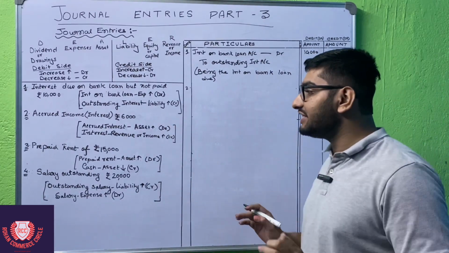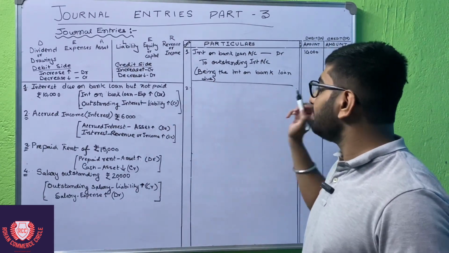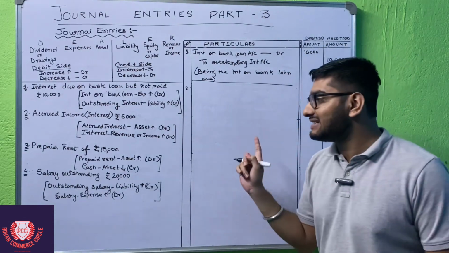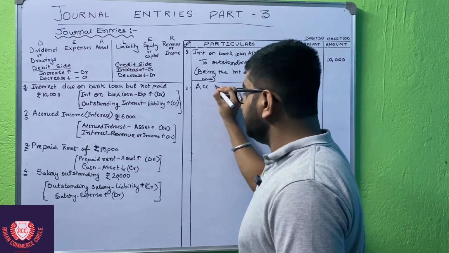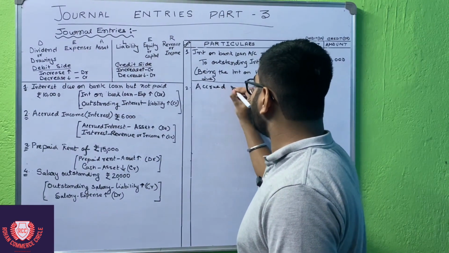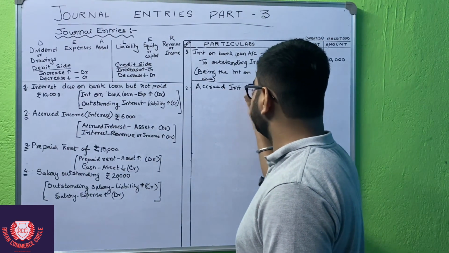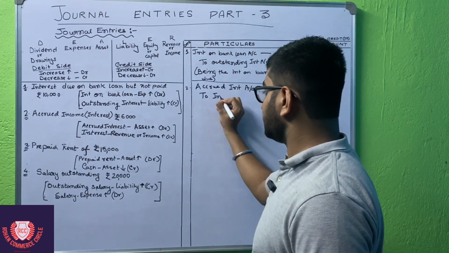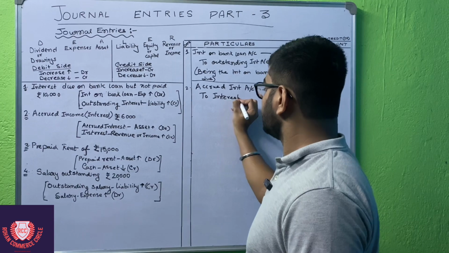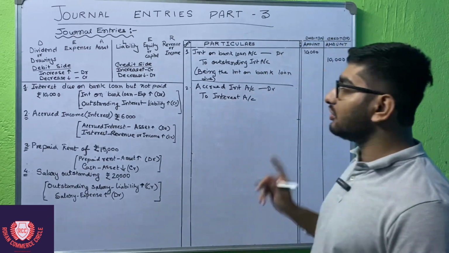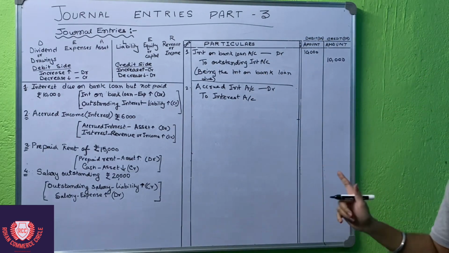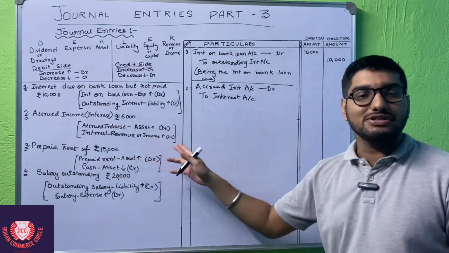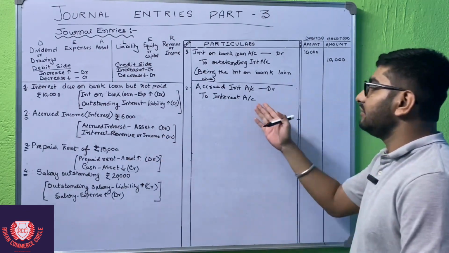So what will be the journal entry? The journal entry will be: Accrued interest account debit, to interest account. Students, accrued interest account debit because the asset is increasing, to interest account because income is also increasing, so we credit it.